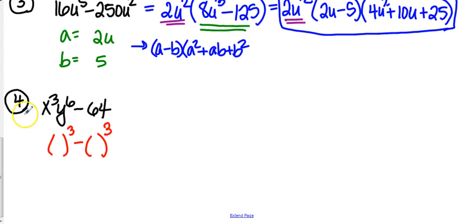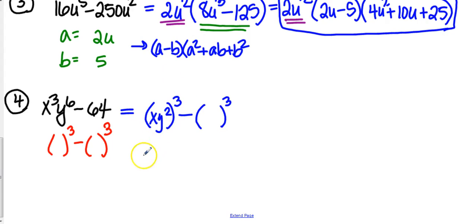Well, if I work backwards from what this is, again, I'm looking to fill these parentheses in. X to the third, so that just means a single x comes in here, because then if I sent in this power, that would become x to the third. Y to the sixth would come from y squared to the third power, because 3 times 2 is 6.